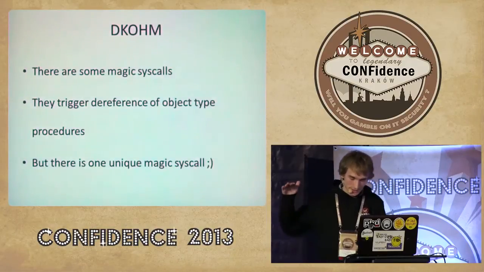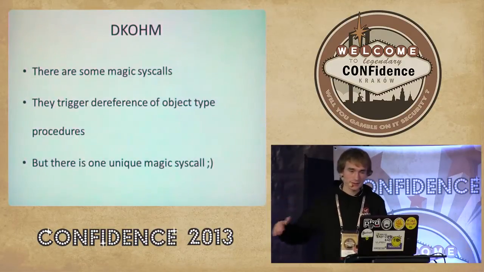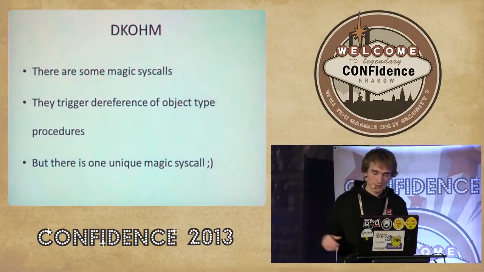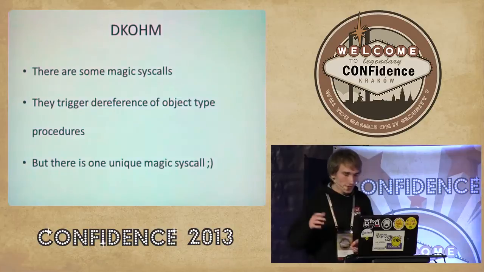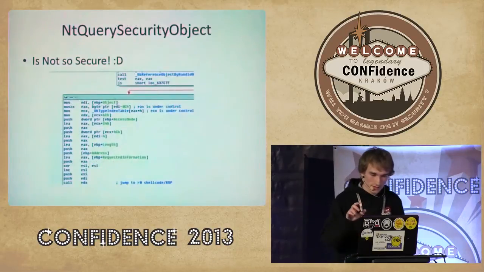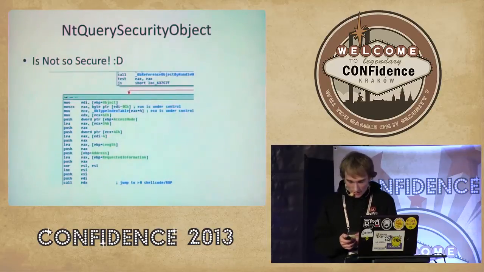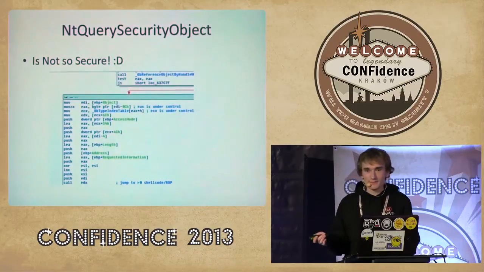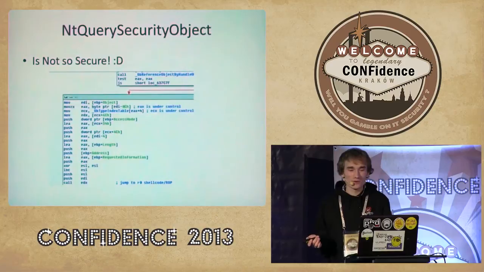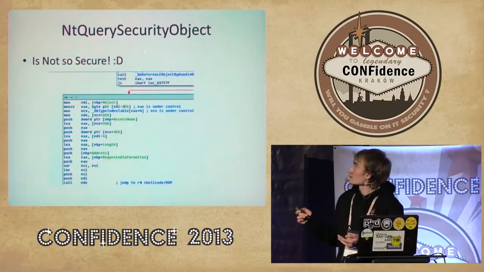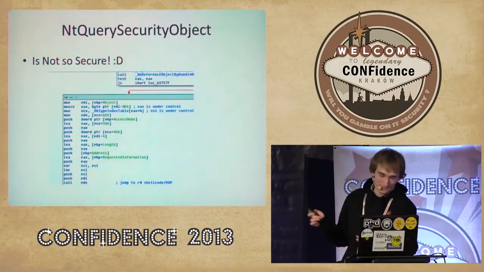Because there are a lot of procedures, there are a lot of system calls to invoke them, but my choice is this one, basically because it gives you control of the execution flow, and it contains security in the name.